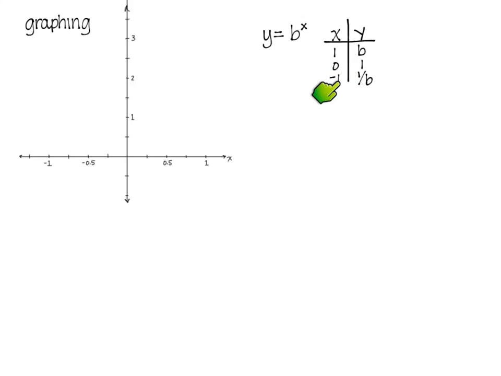And if we plug in a negative 1, negative 1 means take the reciprocal of the base, which is 1 over the base. So if my base was 2, I would have 1 gives 2, 0 gives 1, and negative 1 gives 1/2. If my base was 7, input a 1 and you get 7, input a 0 and you get 1, and a negative 1 gives you 1/7.